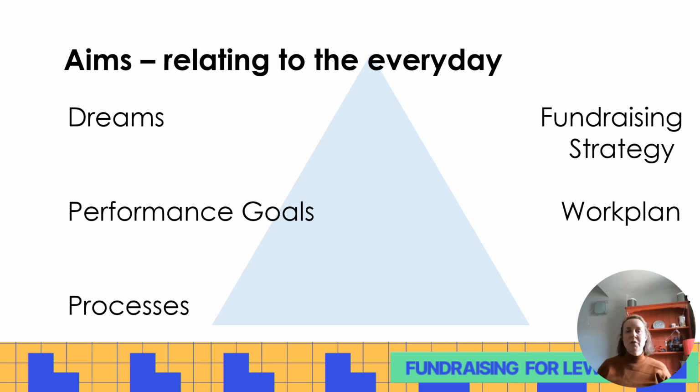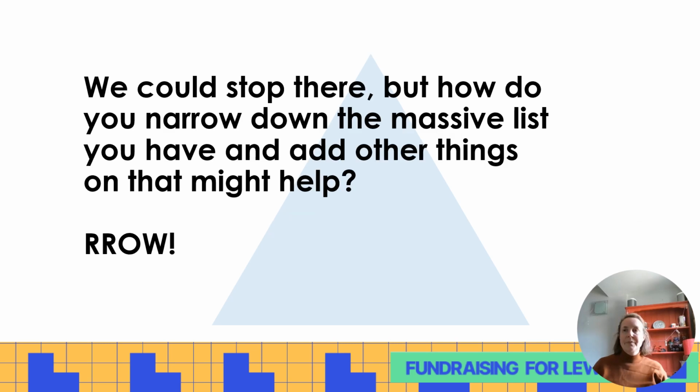Roughly speaking, the ones that I do tend to go a bit further down into a work plan and into a task list as well. But your dreams will be that high level thinking. Then the performance goals, your work plan, and your processes will be your task list, which you can't quite see because of the video in a way.